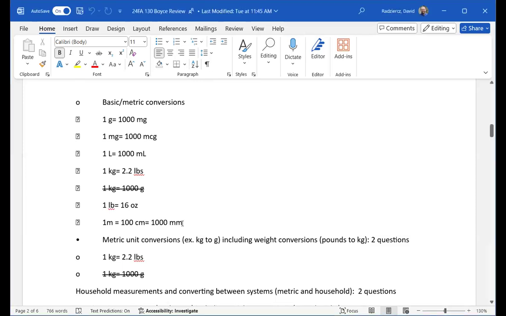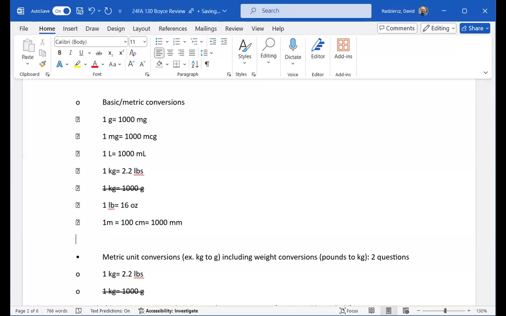You might get a question where you have to convert centimeters to inches. So I think we said that 1 inch equals 2.5 centimeters, and I'll just add that there so that you have it listed.